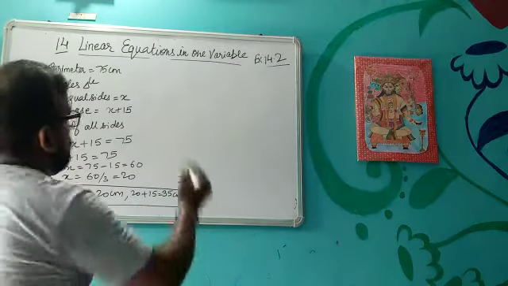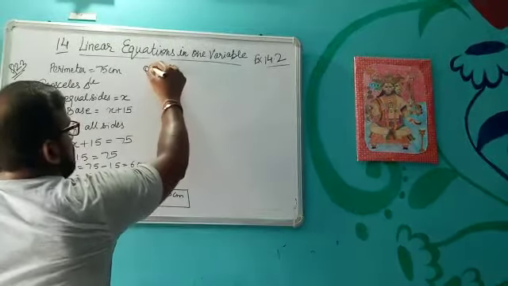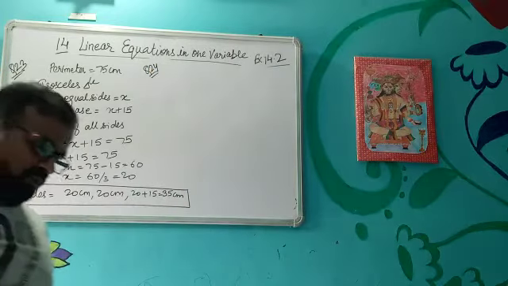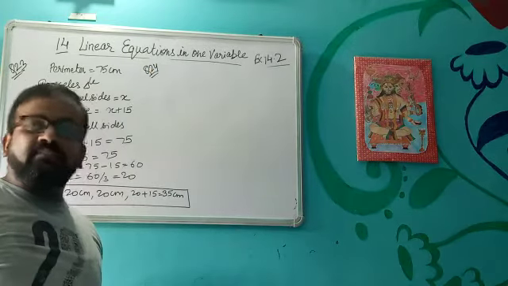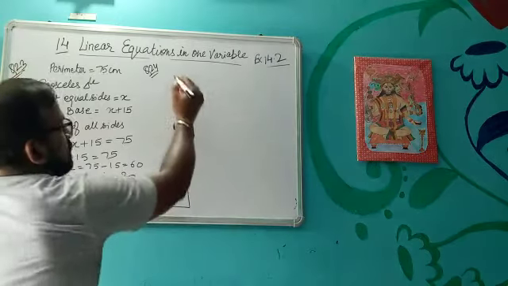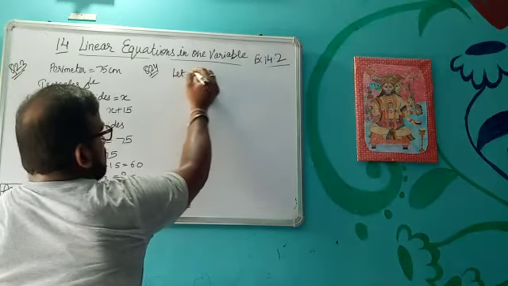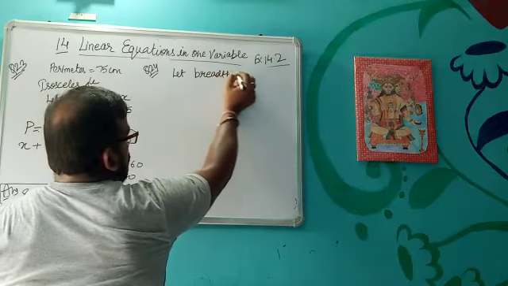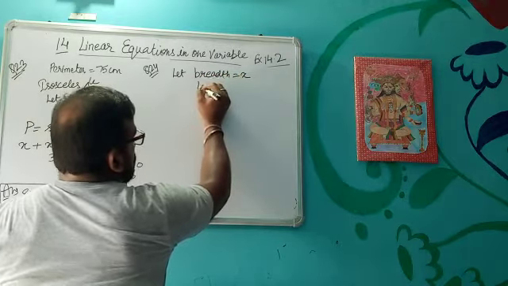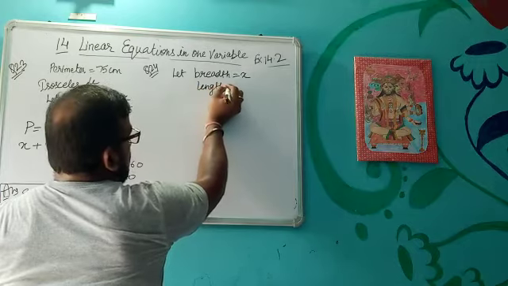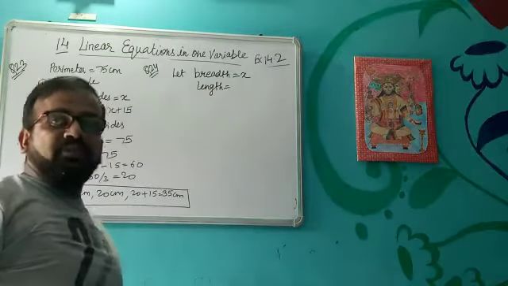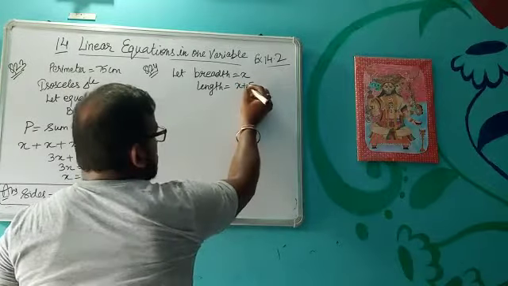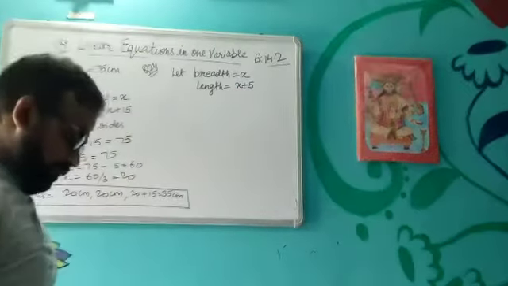Then question number 24, one more area problem we will discuss. The length of rectangle exceeds its breadth by 5 centimeter. So if I assume let breadth equal to x, so length will be, exceed means it is more than breadth by 5 centimeter, that is x plus 5.